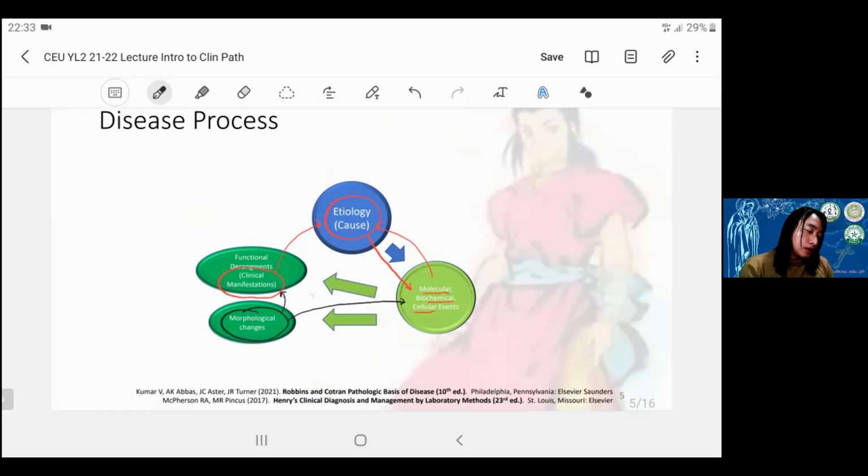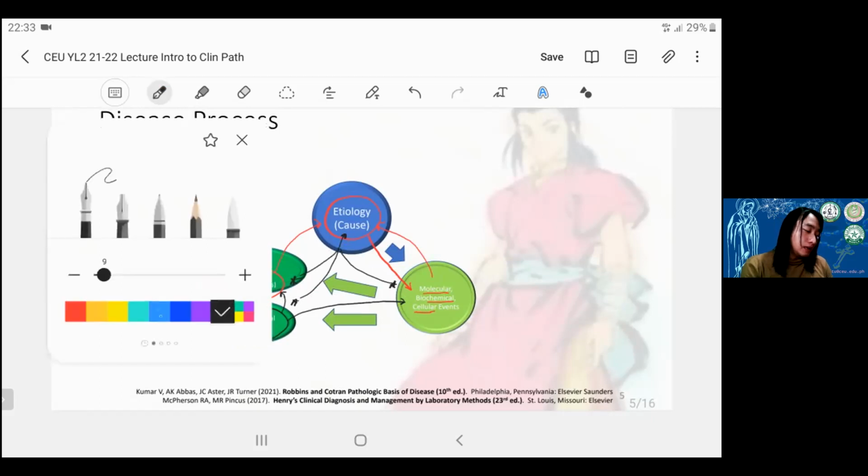And by correlating all these data, we now have a more accurate determination of the cause. Again, this will guide us with our treatment.